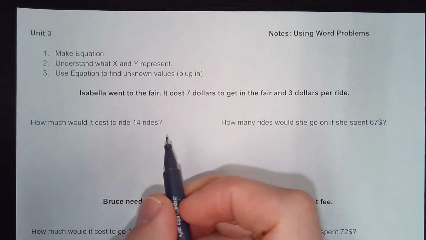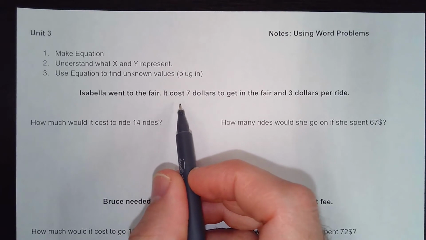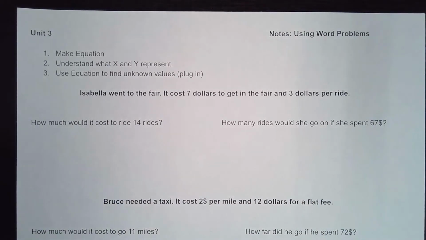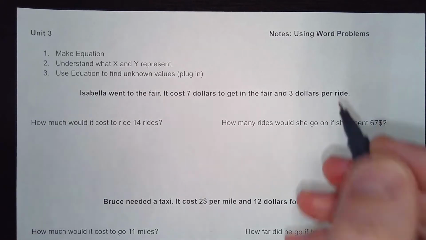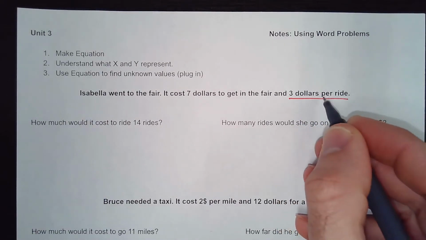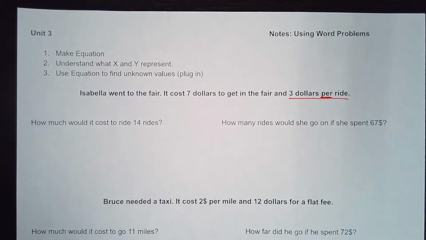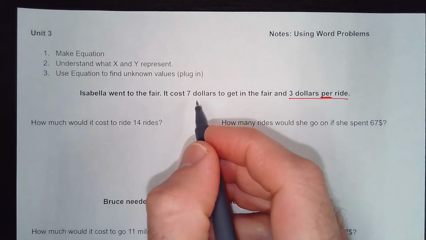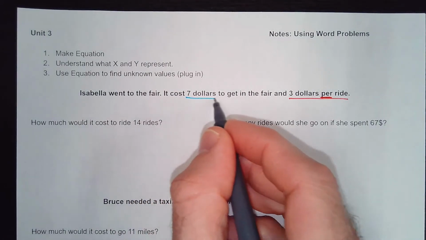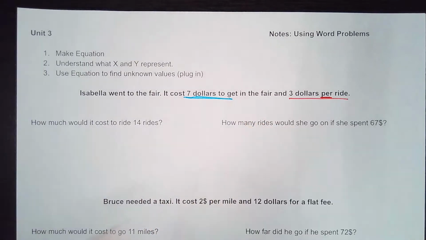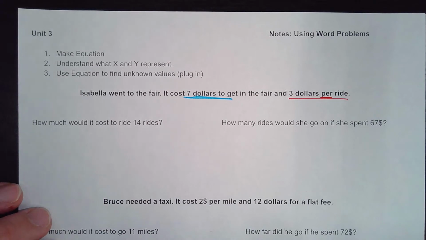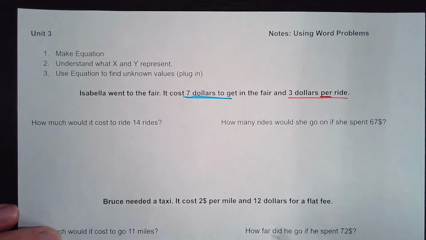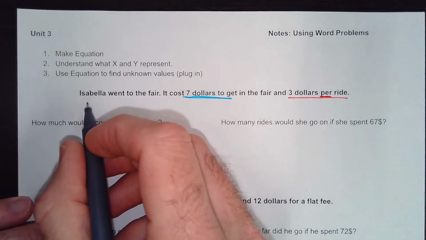So Isabel went to the fair. It cost $7 to get in the fair and $3 per ride. So this word per tells us it's going to be our rate. $7 to get in, that means it just costs her $7 one time. So that is the flat fee, or the B value, initial value in our problems.